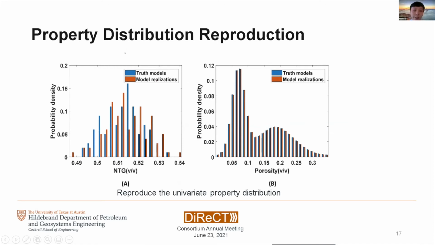And also, we checked the property distribution and reproduction. As we can see, the porosity distribution from the model realization set and the truth models are matched. Also, the net to gross from the truth model set and the model realizations are also matched.